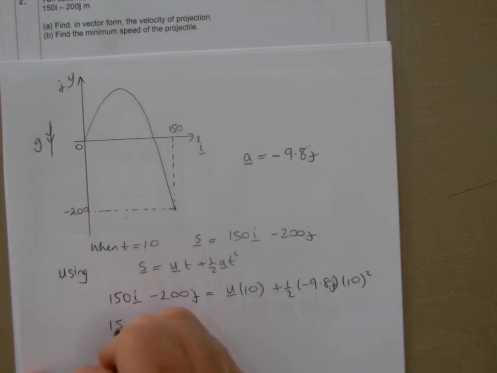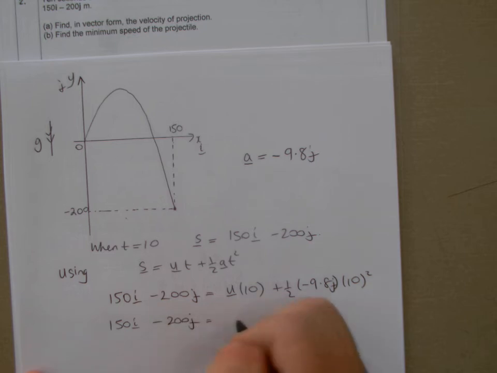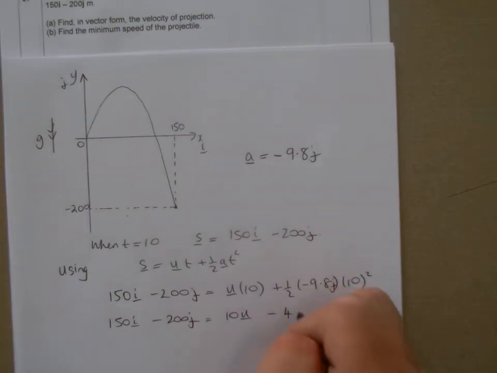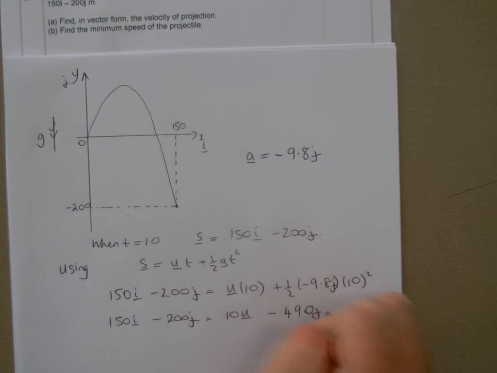So we'll just tidy up the right hand side. We've got 10u here, and then when I work that out, we'll have 1/2 times 9.8 times 10 squared, which is 100, so you get 490, and of course because there's a minus there, minus 490j.